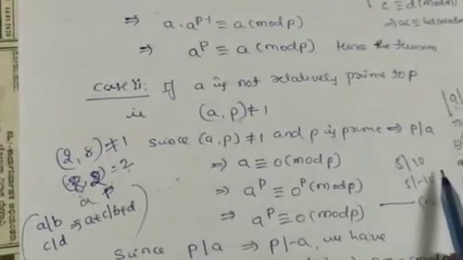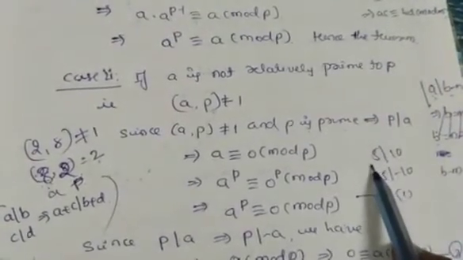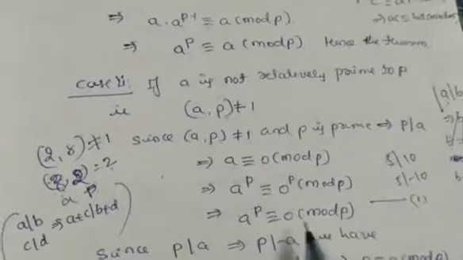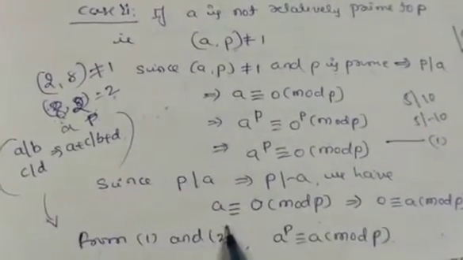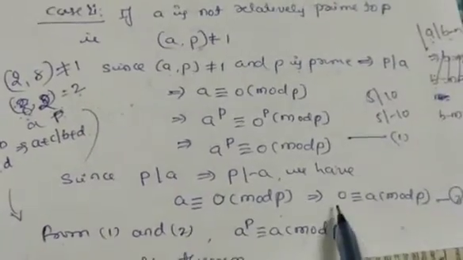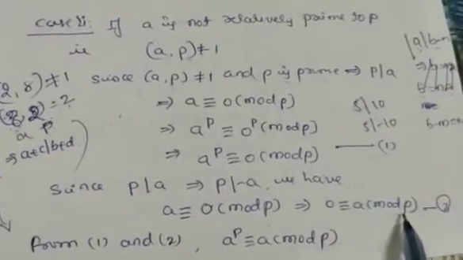Since p divides a, we know this implies p also divides minus a. Means 5 divides 10, so 5 also divides minus 10. Don't see the quotient whether it divides or not; we should divide it exactly. So a is congruent to 0 mod p and 0 is congruent to a mod p.